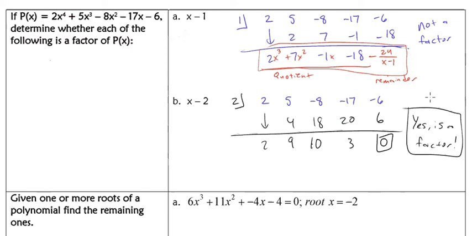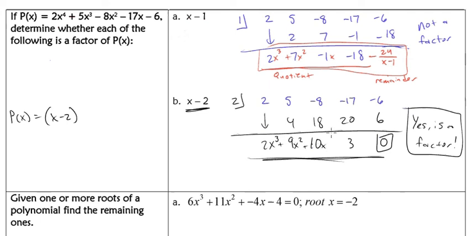All right, so we could rewrite this function up here, p of x, as the first factor we just found, x minus 2, times the quotient. Now what is our quotient? It was to the fourth power, so this is 2x to the third plus 9x squared plus 10x plus 3, and remainder of 0.